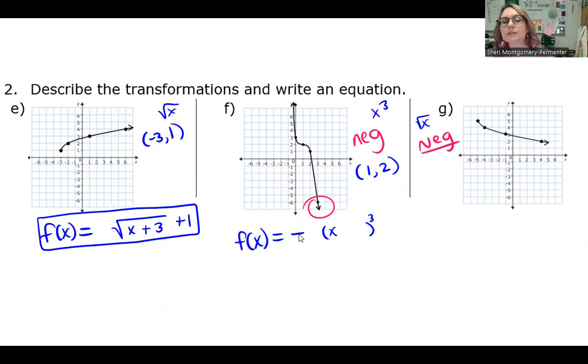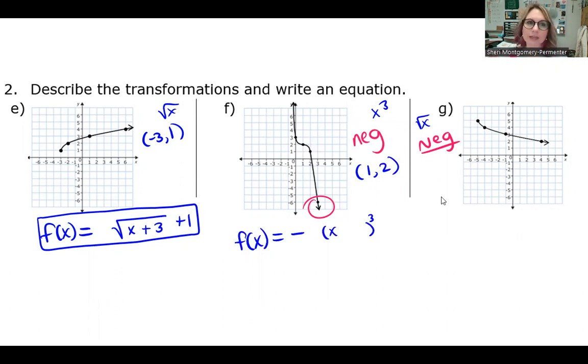That's why I've got a negative there. I can check to see if I'm stretched. If I'm stretched, I'm not going to go over 1 and then up or down 1. So for this one, from my center point, I go over 1, down 1. That's not stretched. It would have to go over 1, down 2, or over 1, down 1/2. Something like that would stretch or compress me.